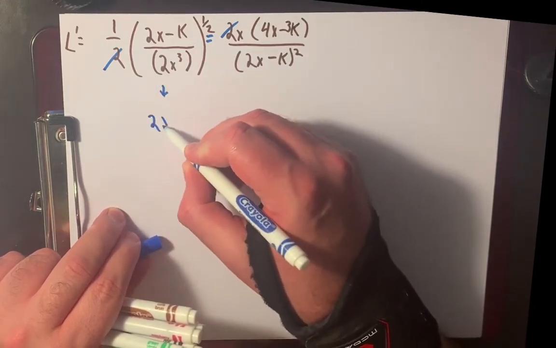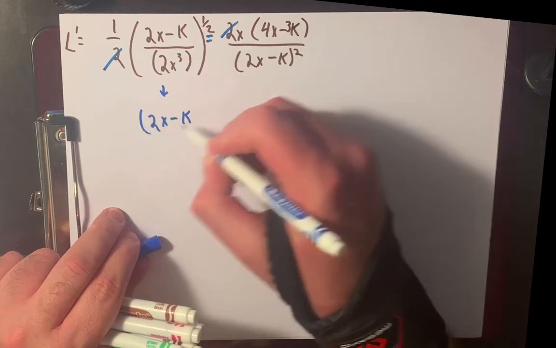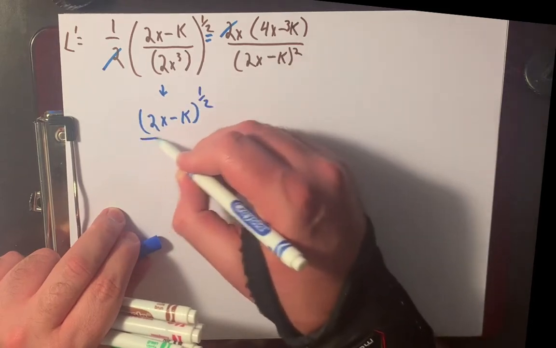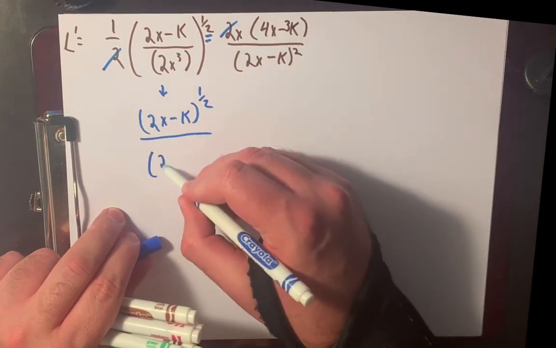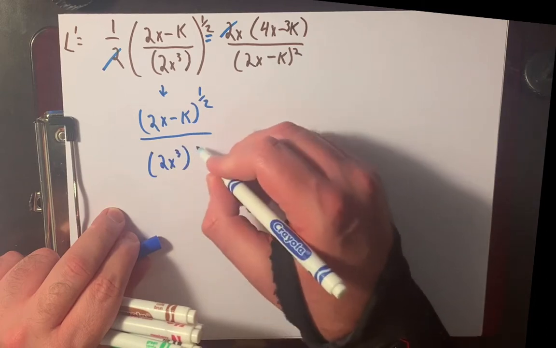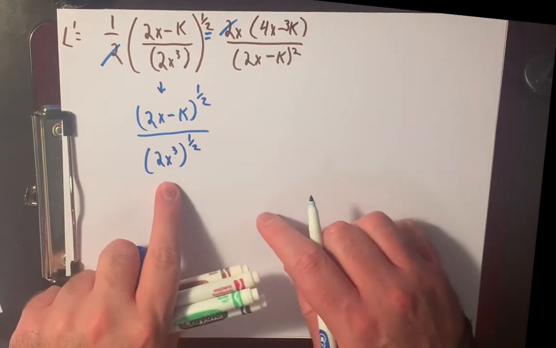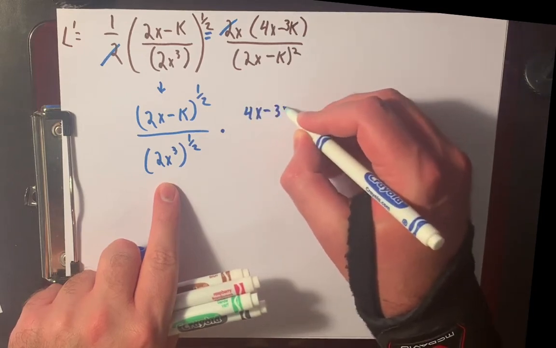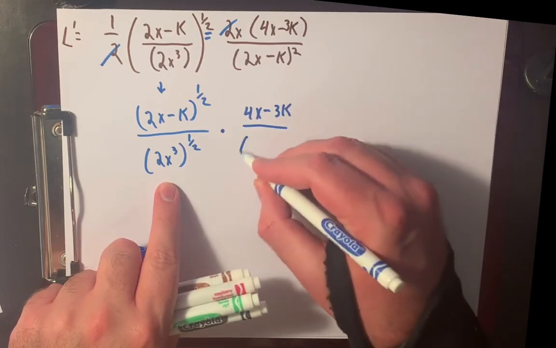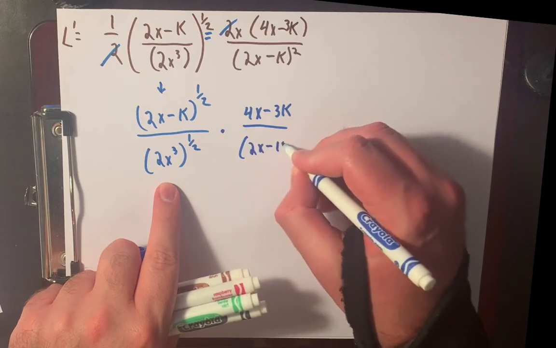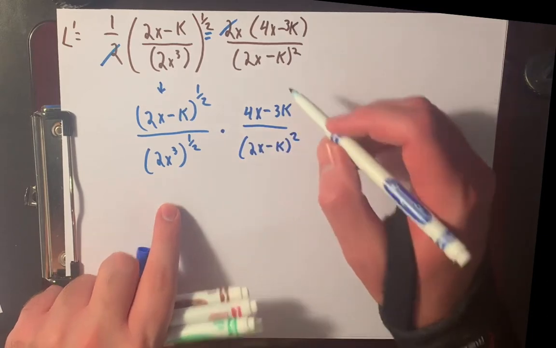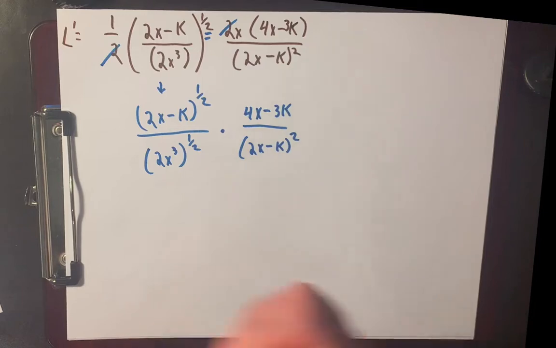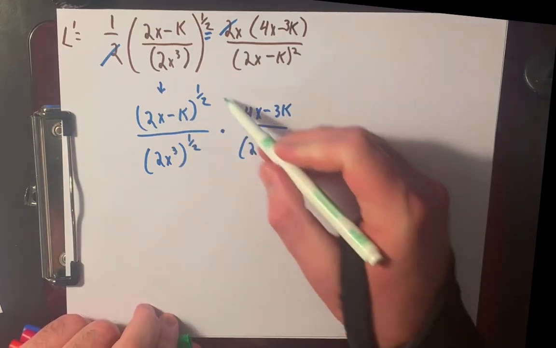So 2x minus k to the 1/2 power over 2x to the third, and I'm going to leave that there as that to the 1/2 power, times 4x minus 3k over 2x minus k to the second power. And obviously we can cancel these two terms out.